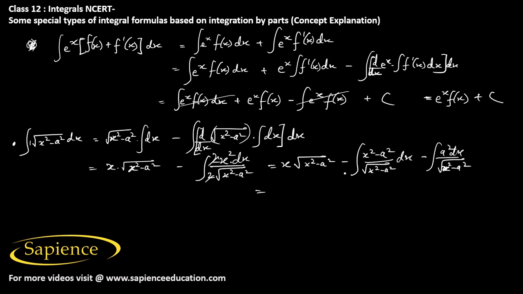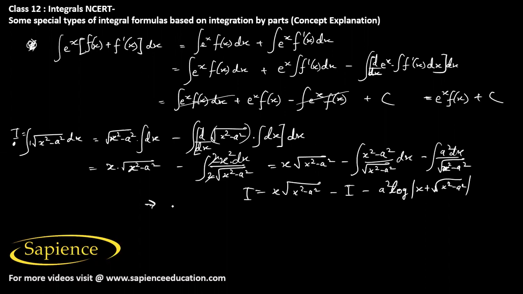So this is square root of x square minus a square. If we take this as the integral I, so this I will be equal to x square root of x square minus a square, then minus this is also I actually, then minus a square into log mod x plus square root of x square minus a square.